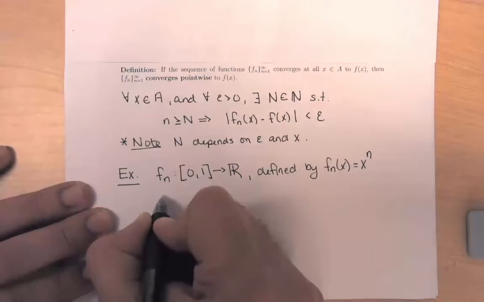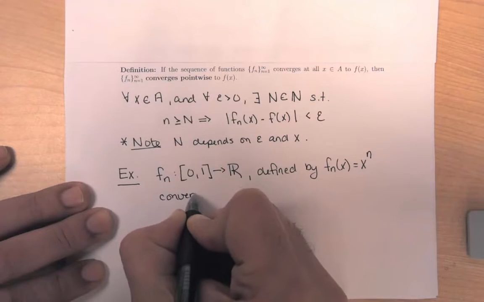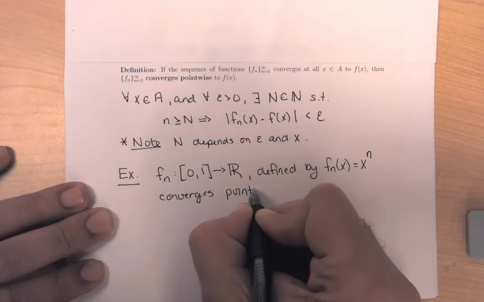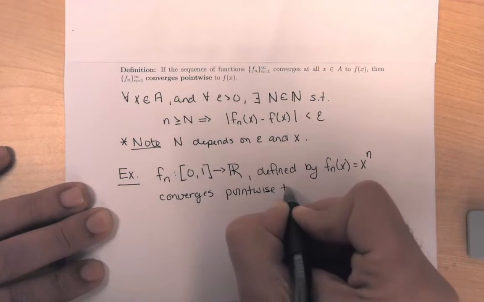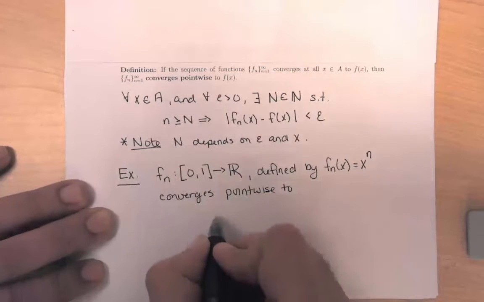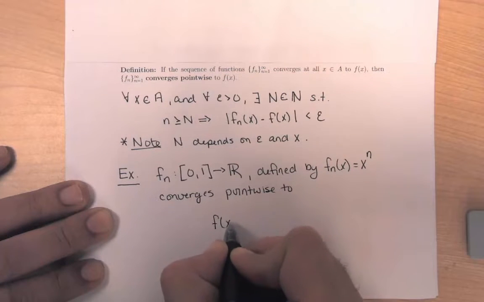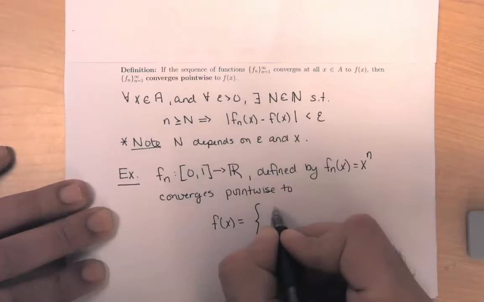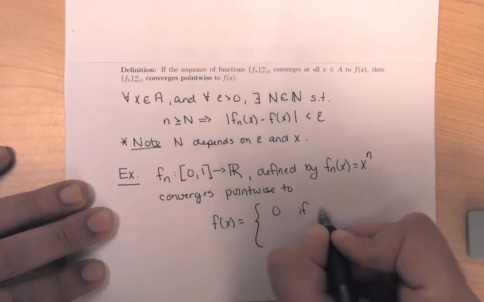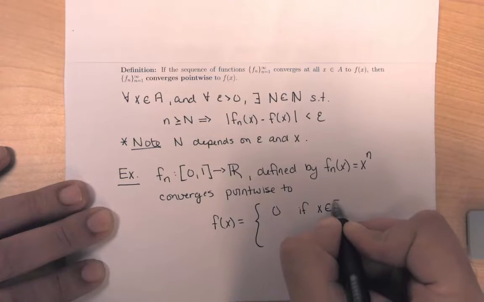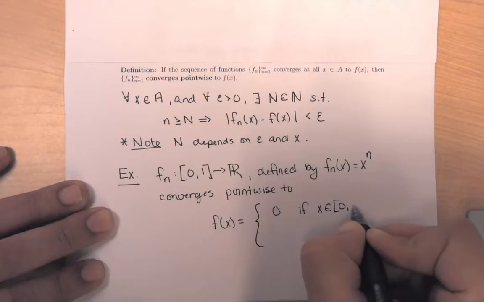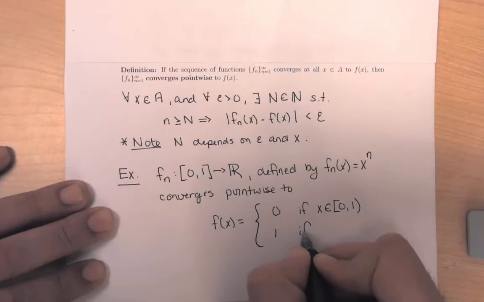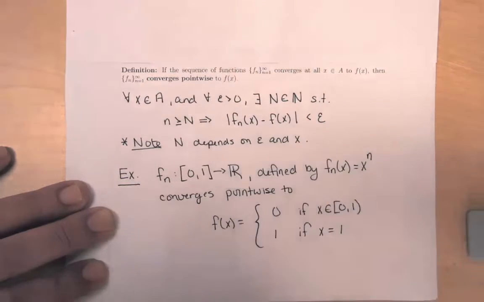So this sequence converges pointwise to f of x, which is equal to 0 if x is greater than or equal to 0 and strictly less than 1, and 1 if x equals 1.